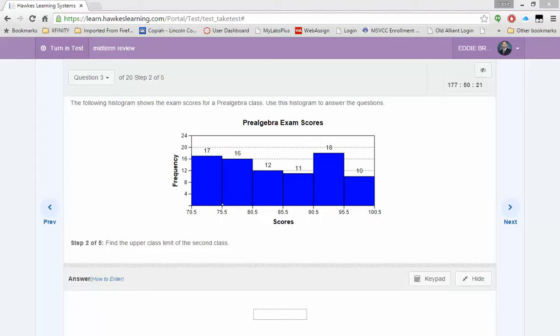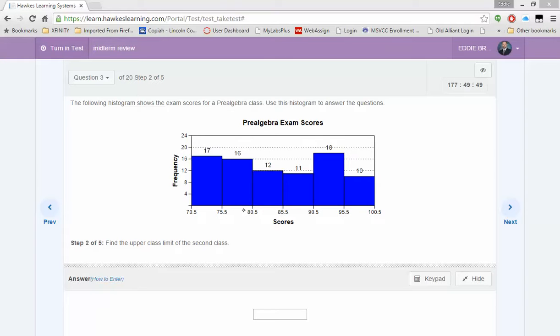The way that histograms are, these numbers here are what are called class boundaries. And so these are the numbers between each class. So the actual classes are a little different, but if I was to look here, this is the first class, this is the second class. The upper class limit is going to be 80.